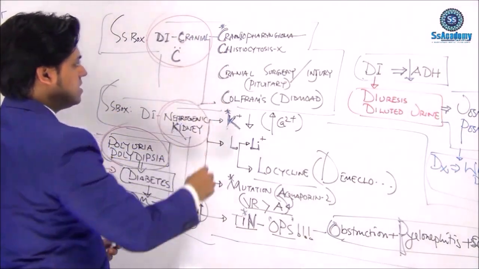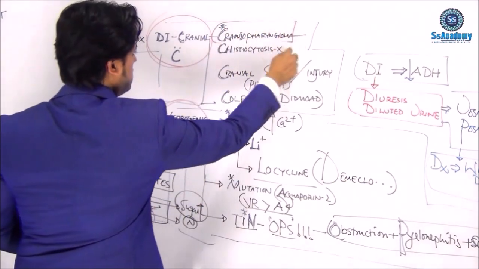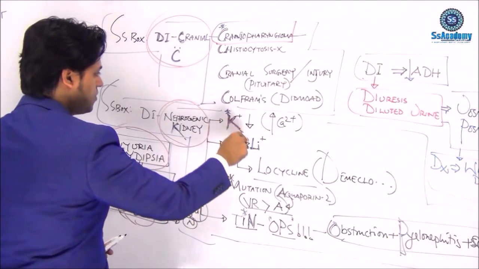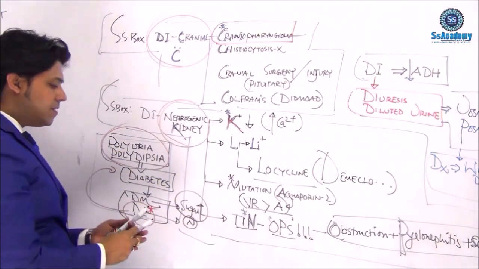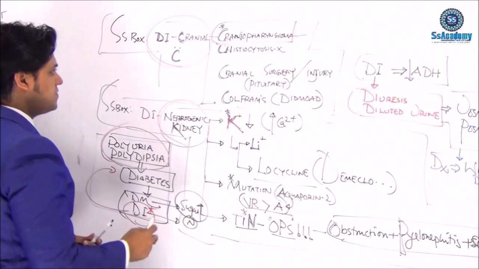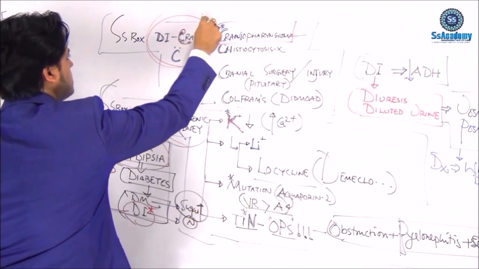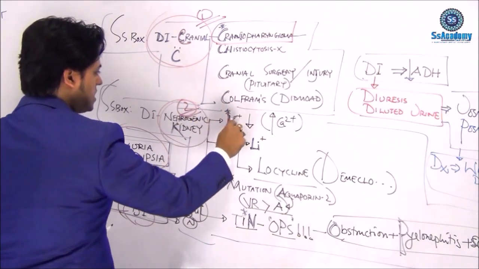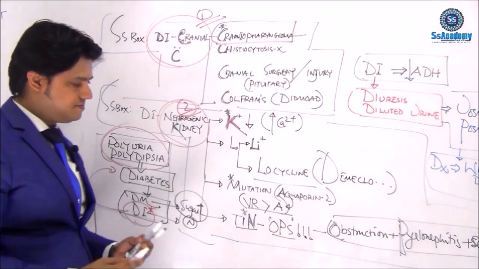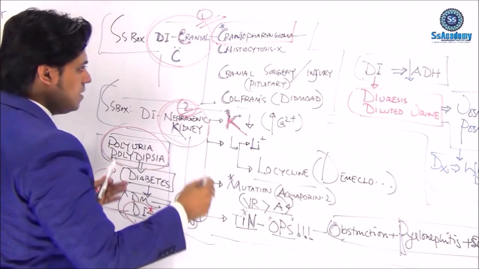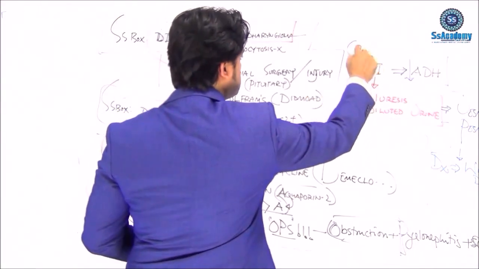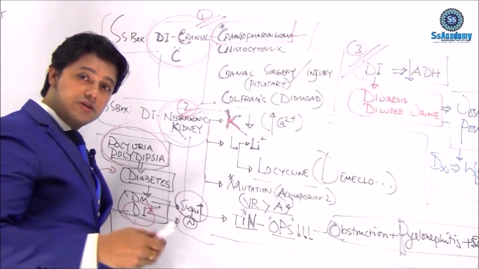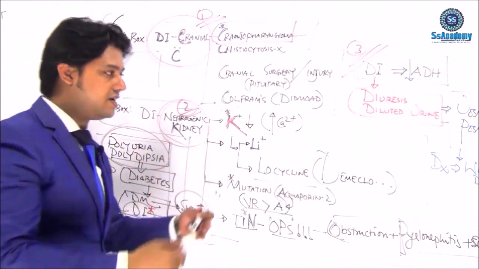Cranial, kidney: craniopharyngioma and histiocytosis X, and K for potassium. The summary I would like to give here: craniopharyngioma; kidney, potassium, kidney K. And the summary is that diabetes insipidus is nothing but dilute urine, meaning the urine osmolality will be reduced, plasma osmolality will be high.